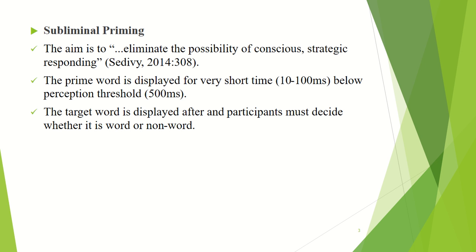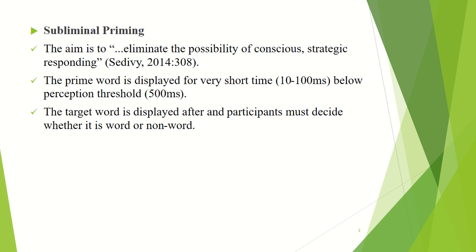So as you can see, the only difference between subliminal priming and, let's say, semantic priming is the amount of time that the prime word is on the screen. In pure semantic priming, we don't have a limitation on the amount of time that the prime word remains on the screen.